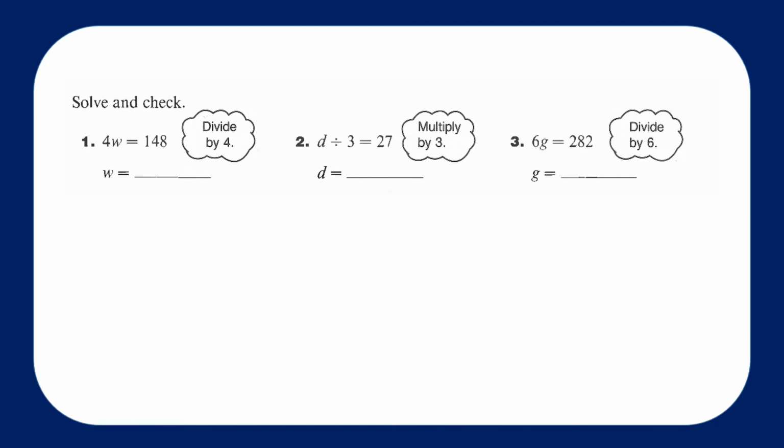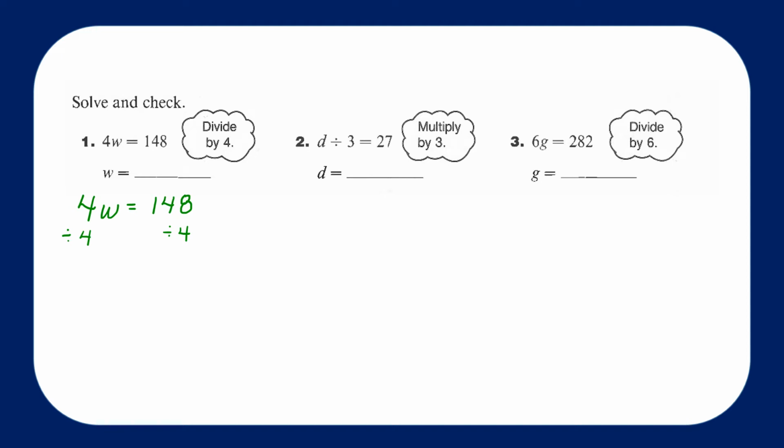All right, question number 1. 4 times w equals 148. Now you can show division with a division symbol like this. I'm going to show it this way for right now, but I'll show you different ways as we go through.